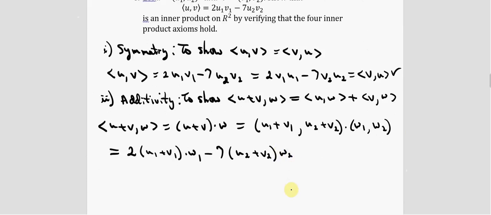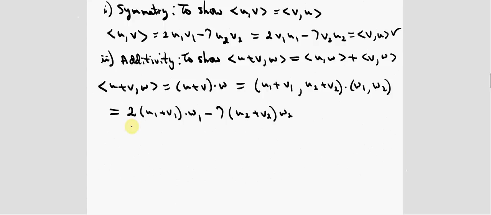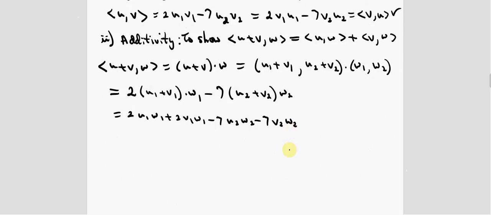Now let's simplify that. This is 2 u sub 1 w sub 1 plus 2 v sub 1 w sub 1 minus 7 u sub 2 w sub 2 minus 7 v sub 2 w sub 2. Didn't have time to go over this problem in class, so this is good that we can cover it now.